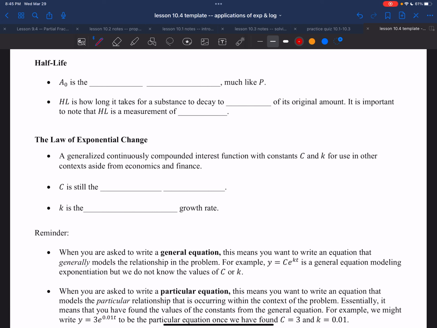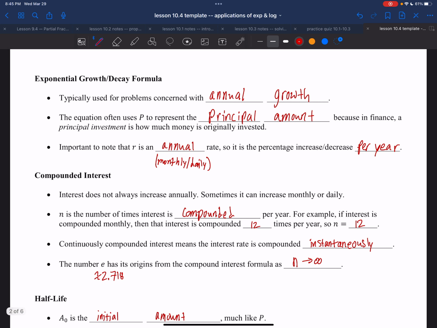Now, half-life is an exponential decay function, and I'll explain this. You say A naught, that A sub 0, is the initial amount, much like P. Remember, up above here, we said that P was the principal amount, and principal means originally invested.